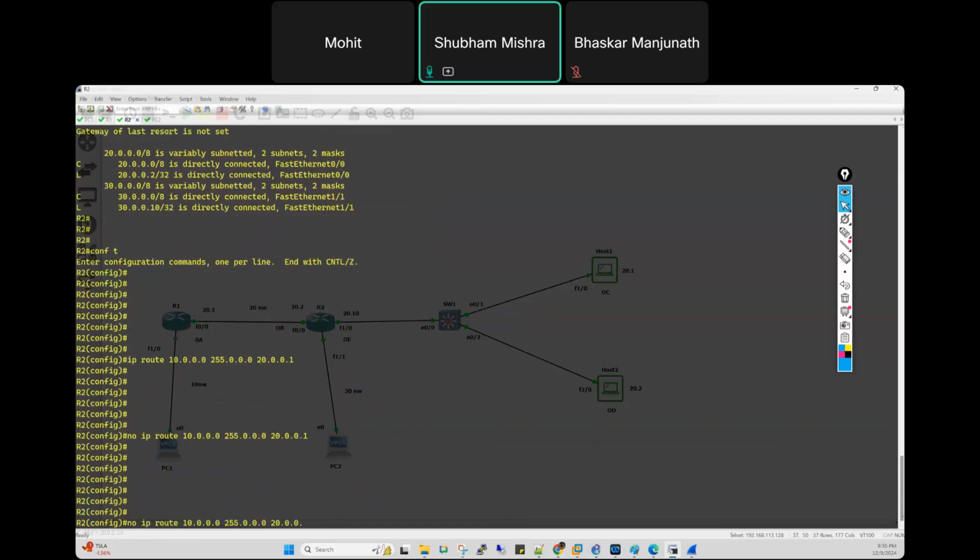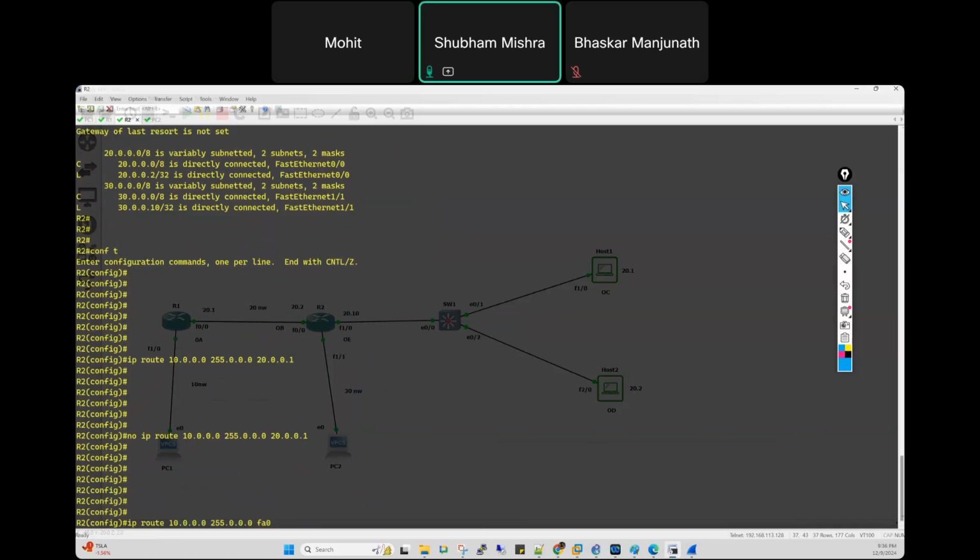On R2, what do I need to do? On R2 we need to configure the same command. What was the command? ip route, what is the network for R2? The 10 network, 10.0.0.0, 255.0.0.0, and what will be the exit interface?